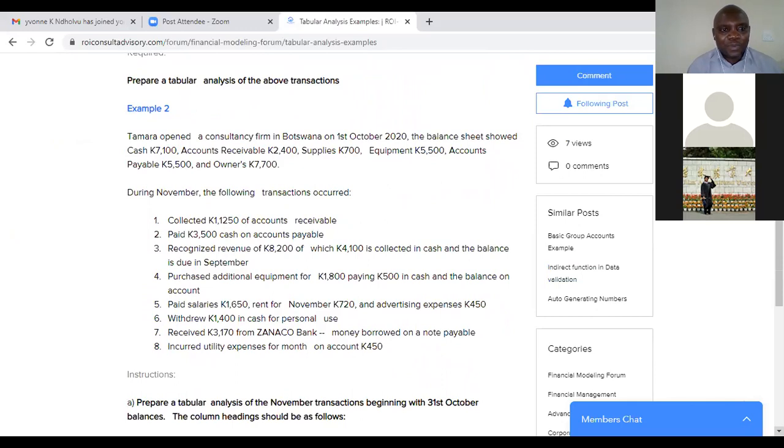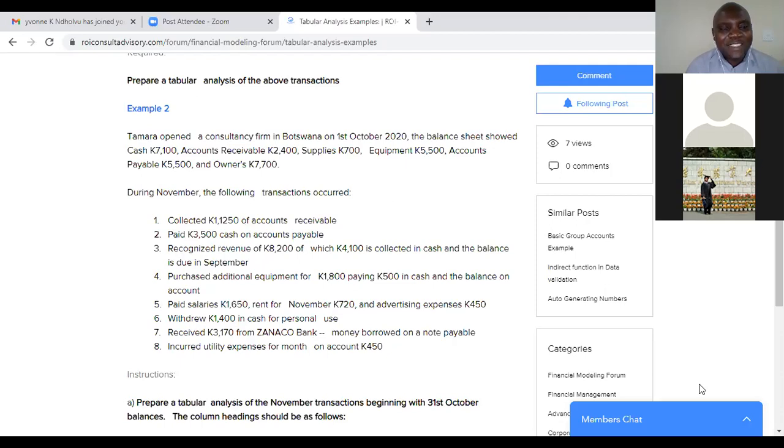Example 2. Tamara opened a consultant's firm in Botswana after copying what we do at the academy. Tamara opened a consultant's firm in Botswana on 1st October 2020.